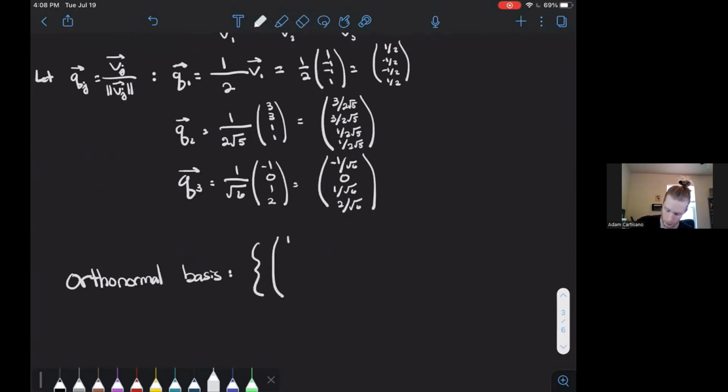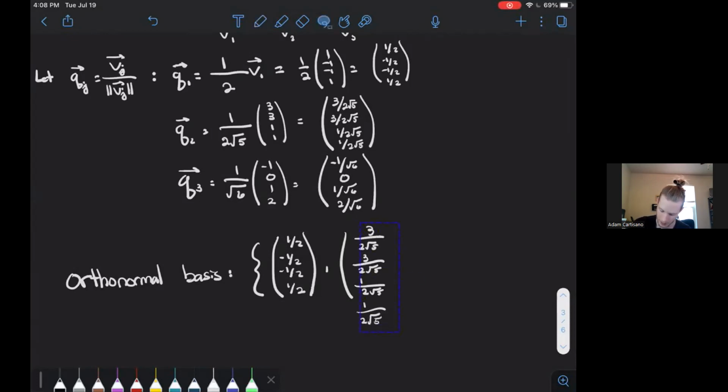Let's just write it one more time. 1/2, negative 1/2, negative 1/2, 1/2. 3 over 2 root 5, 3 over 2 root 5, 1 over 2 root 5, and 1 over 2 root 5. Okay, we'll just scale that down a little bit.